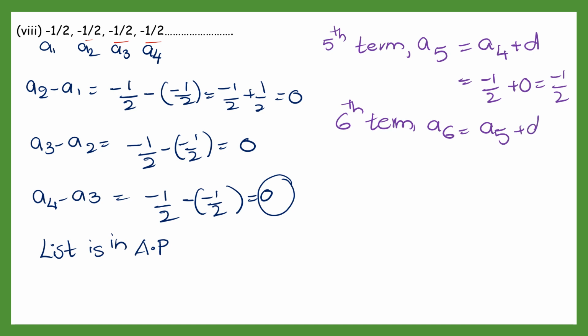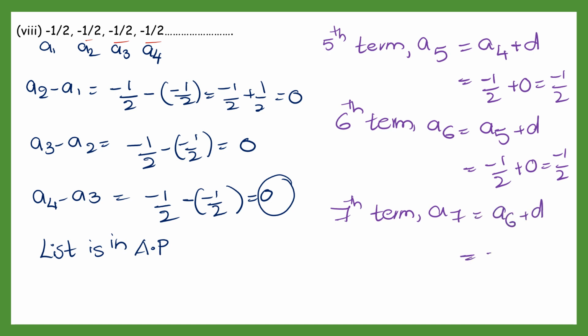Common difference is 0, so you get minus 1 by 2 plus 0, again minus 1 by 2. Now the seventh term is obviously the same. A7 is nothing but A6 plus common difference, that means minus 1 by 2 plus 0. Again you get minus 1 by 2.